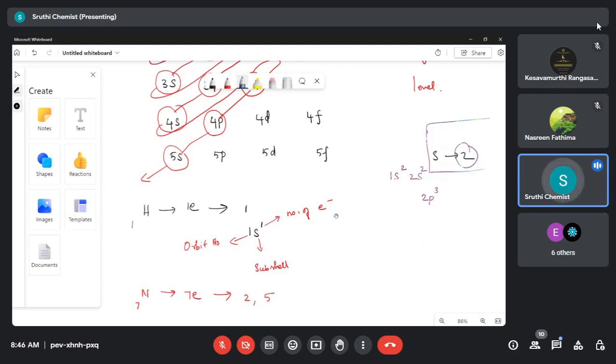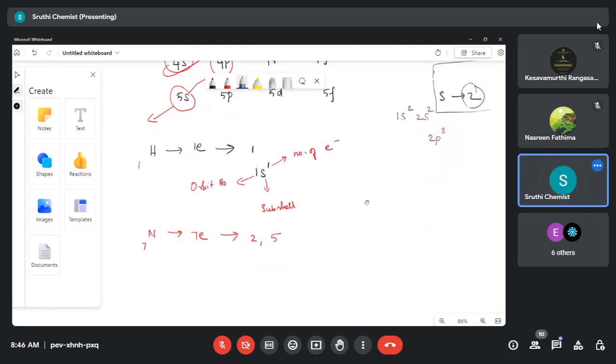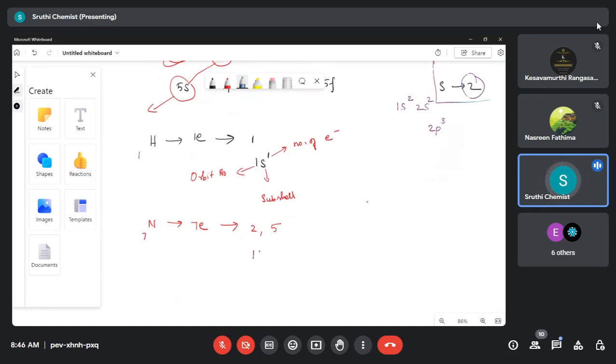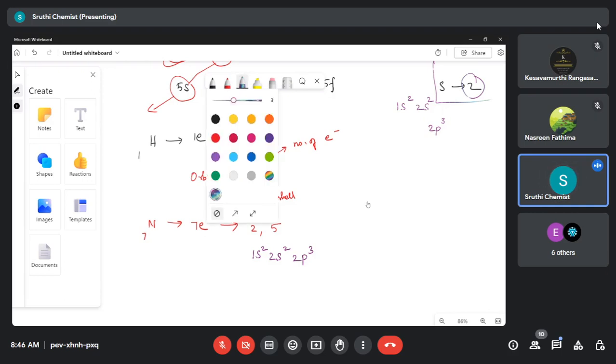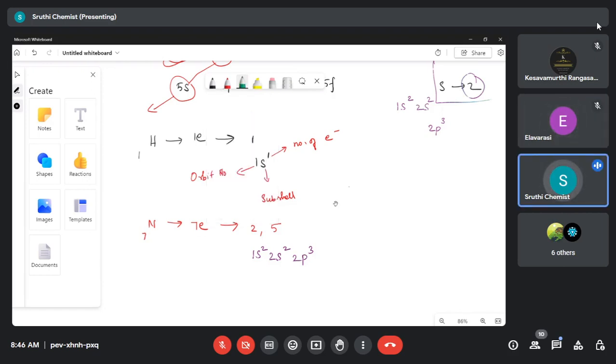I am placing the remaining 3 electrons in the p subshell. So it is very simple. It is 1s2, 2s2, 2p3. Clear, everyone? Is there any doubt, students? No, ma'am. Okay. So it is 1s2, 2s2, 2p3.